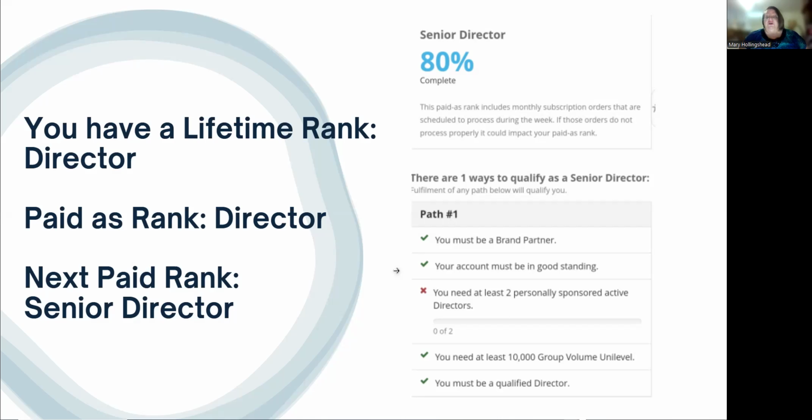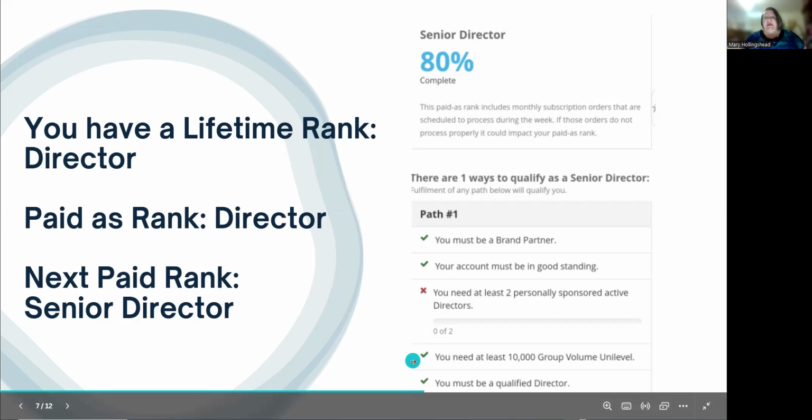So first you look and you see that the company says, yes, they're a brand partner. Their account must be in good standing. They are. Now in this one, they're asking you need at least 2 personally sponsored active directors. In this case, they don't have any. They don't have anyone on their team as an active director. But look, you need at least 10,000 group volume.